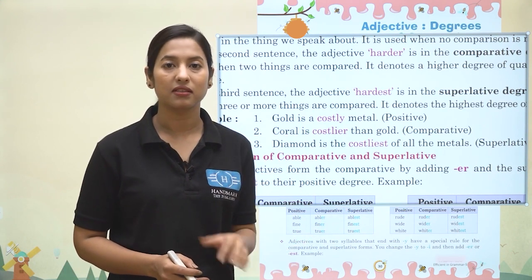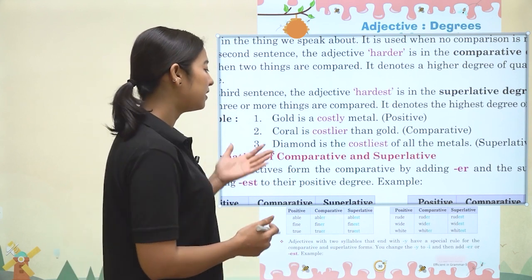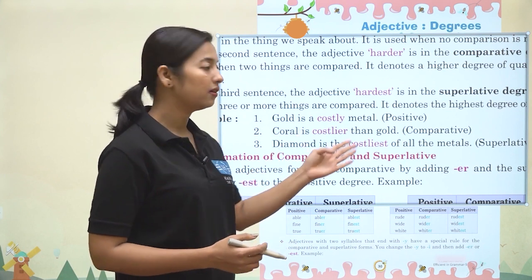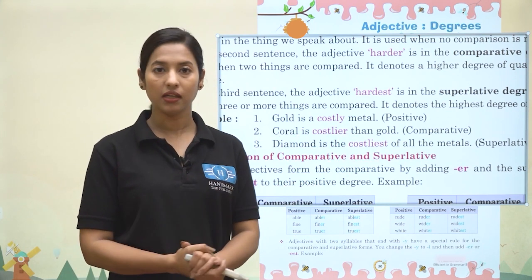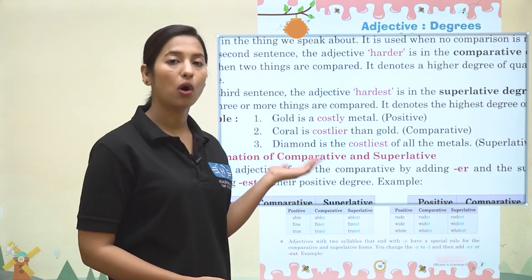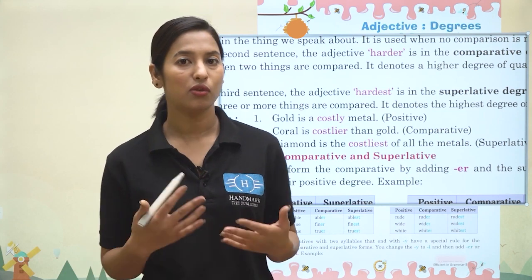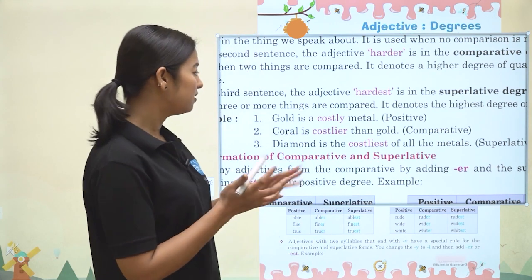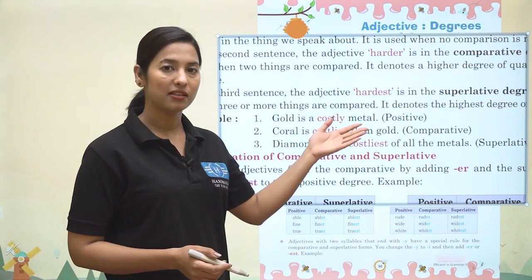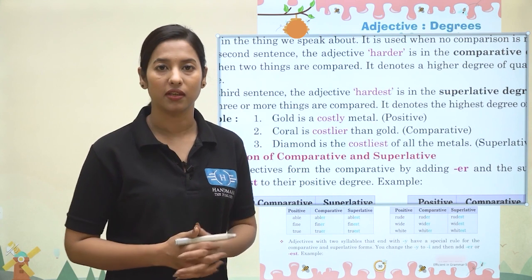We are simply stating the quality of this gold. In the second sentence, coral is costlier than gold. So here we can clearly see that we are comparing gold with coral. Whenever we are comparing two things, we use the comparative degree, which is costlier. Costly is the positive degree and we use costlier as the comparative degree.